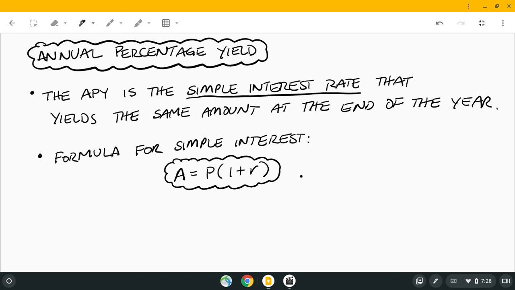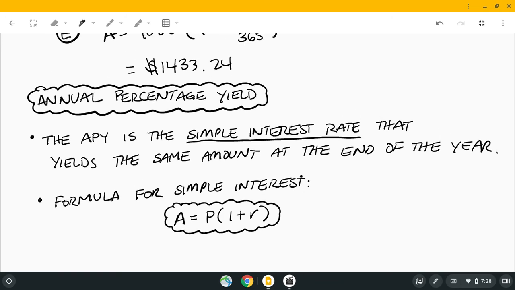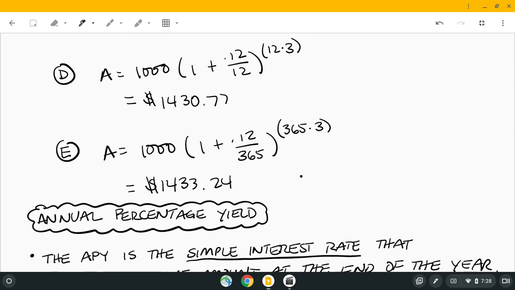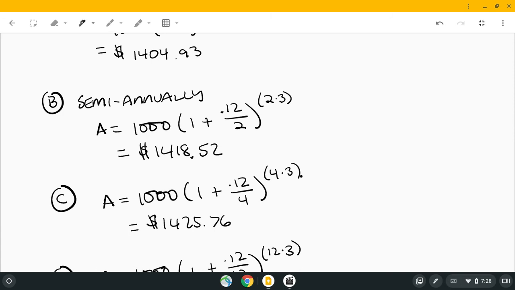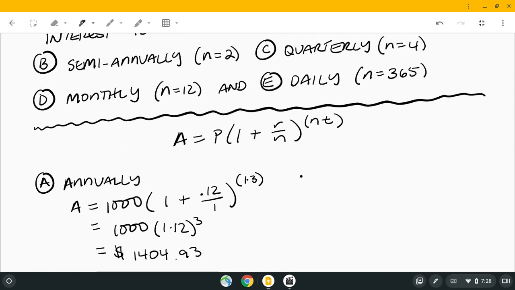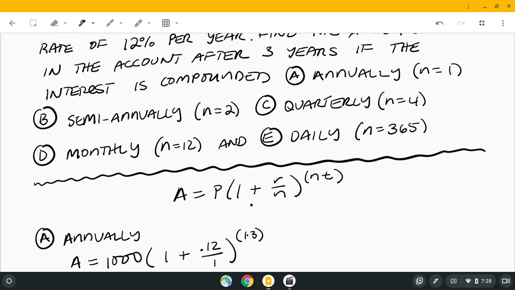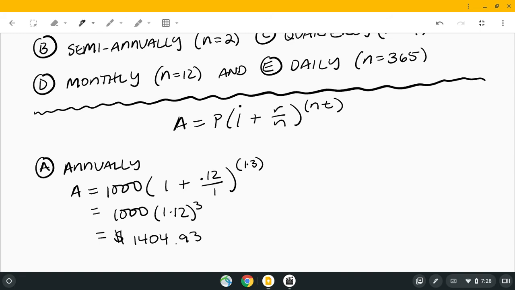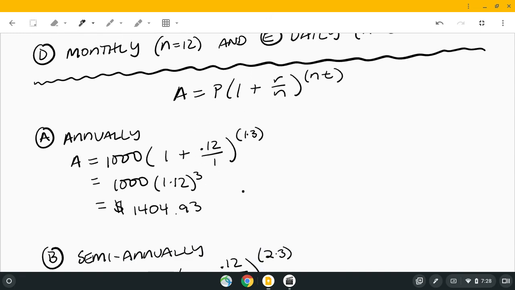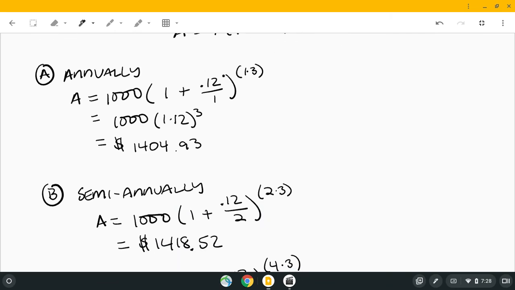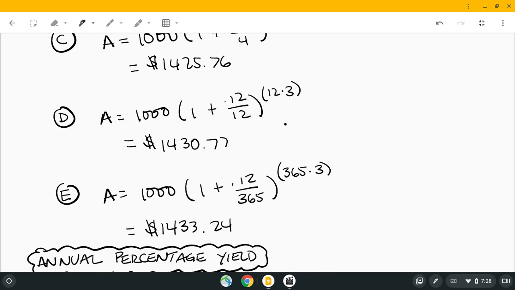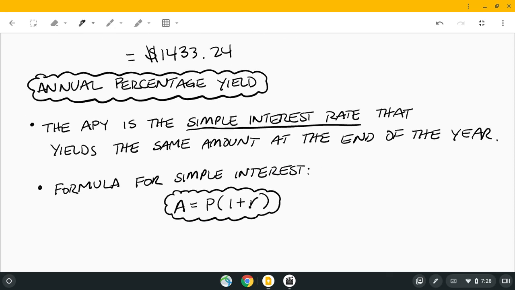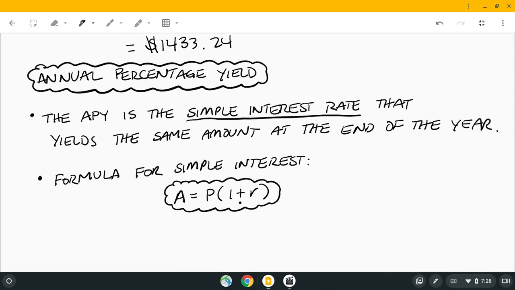In these previous problems, we weren't using the simple interest formula. We were using this compound interest formula, doing our calculations: how much is it going to make if it's compounded annually? So we use that formula. If it's simple interest, then you would use this one.